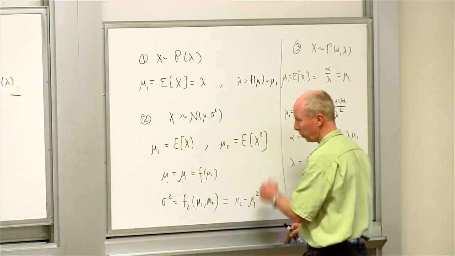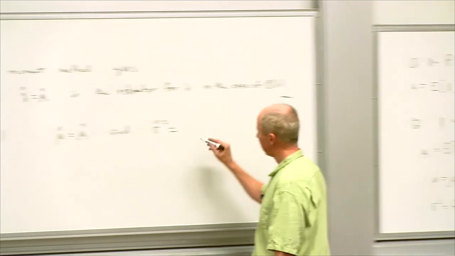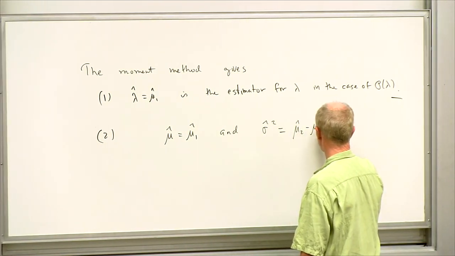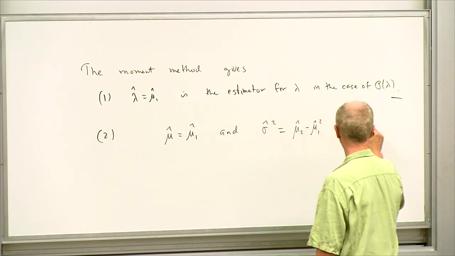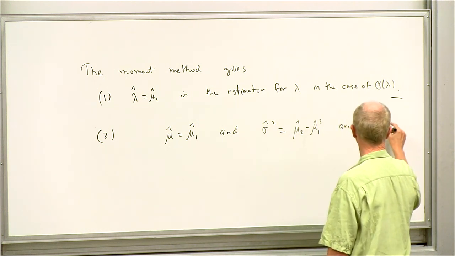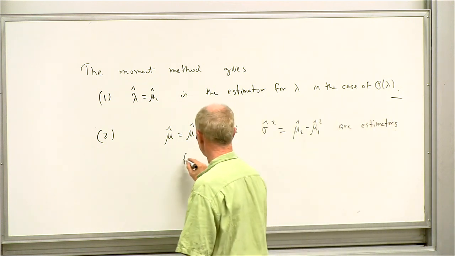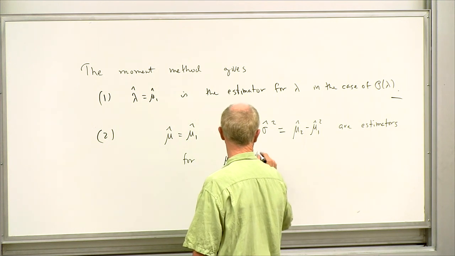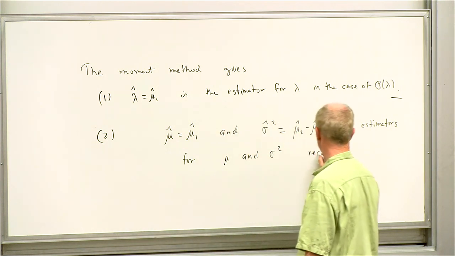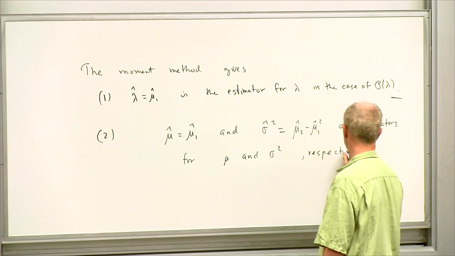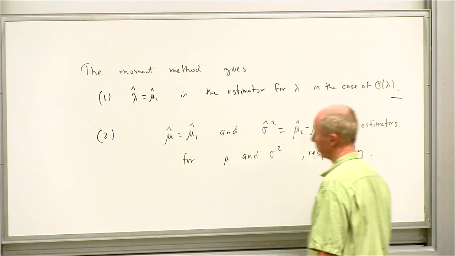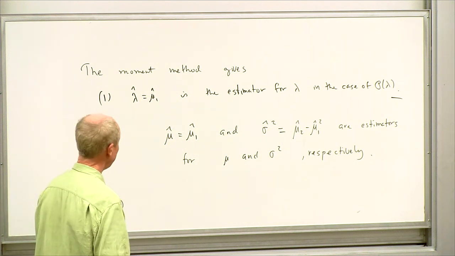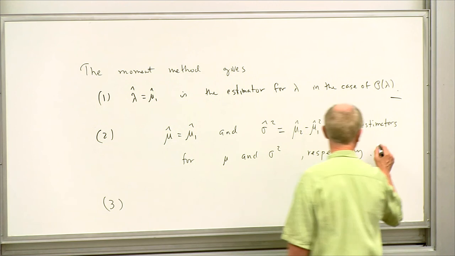That gives mu2 hat minus mu1 hat squared. And this is for normal.